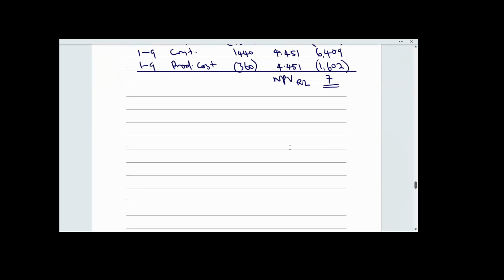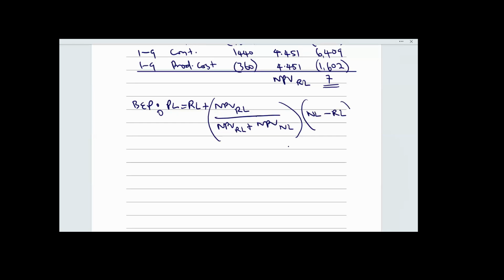Step 3 says we should calculate the break-even point of project life. Break-even point of project life equals reduced life plus NPV of the reduced life divided by NPV of reduced life plus NPV of normal life, multiplied by normal life minus reduced life.